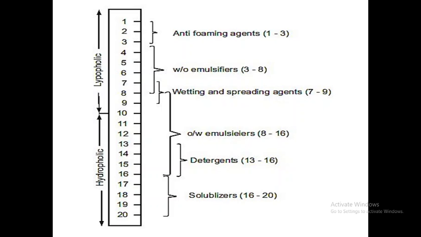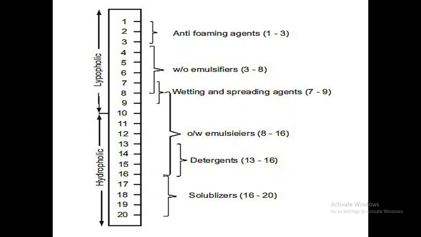Those surfactants which have HLB value 1 to 10 are preferentially lipophilic in nature, and those surfactants having HLB value 10 to 20 are preferentially hydrophilic in nature.